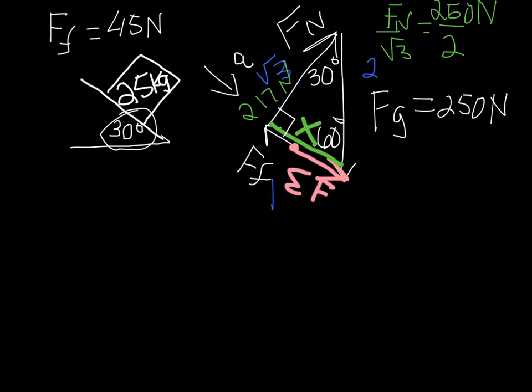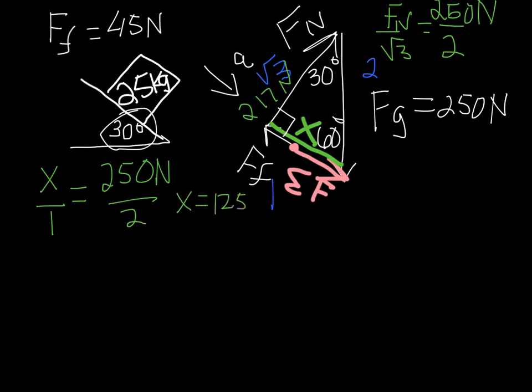Okay, then if I want to look at X, X is to 1 as 250 newtons is to 2, so X equals 125 newtons, and X minus the friction, which I did not write in, that's 45 newtons, that's going to be equal to the net force.